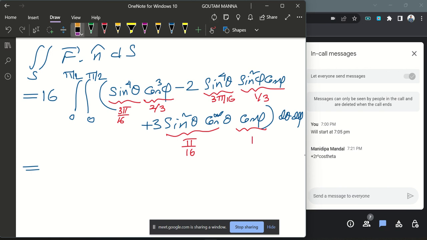So now if you see, there is 3 pi by 16 times 2 by 3, and there is a minus sign here, and again this 2 multiplied with 1 by 3, that means 2 by 3, and it is multiplied with 3 pi by 16.